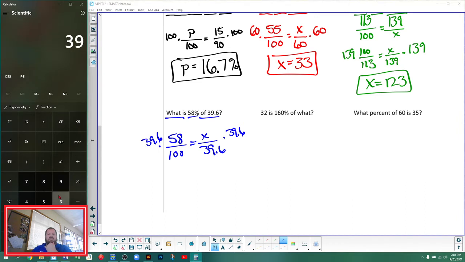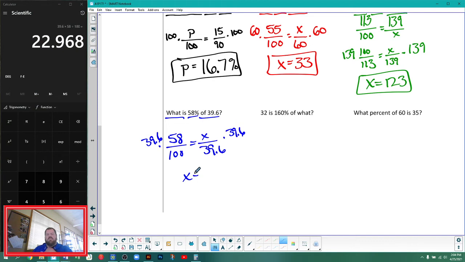And then we just do our calculation. 39.6 times 58 divided by 100. 22 point, let's call it 23. Just using our rounding rules to the nearest tenth, that would have bumped it up to 10, which makes that 23.